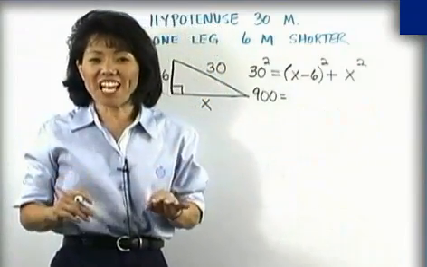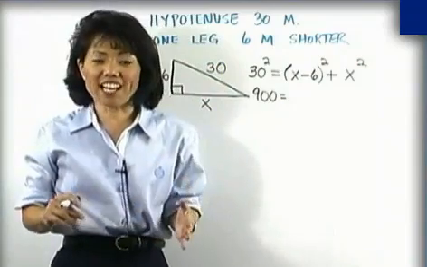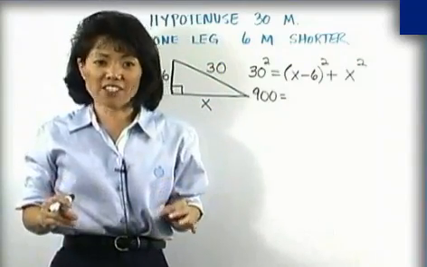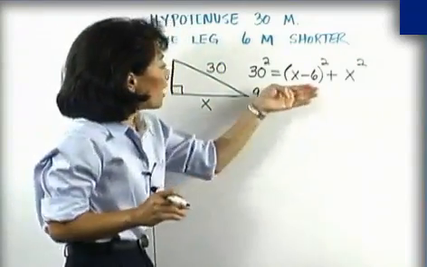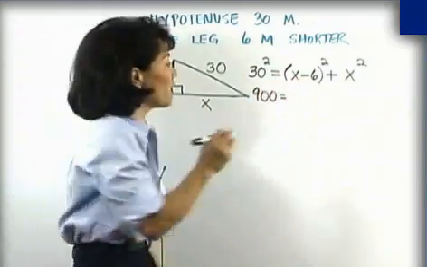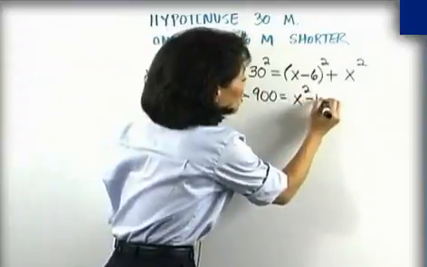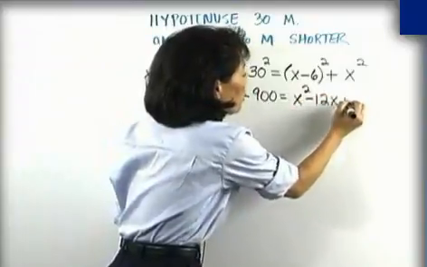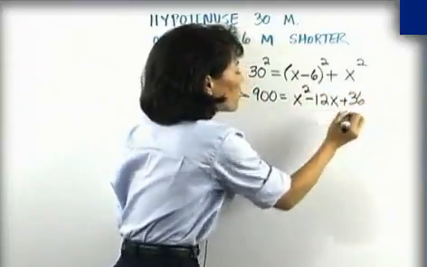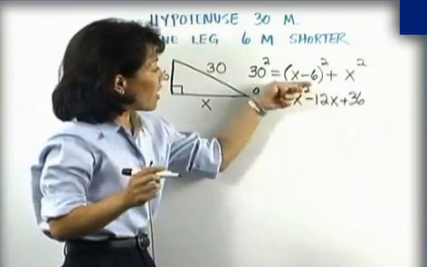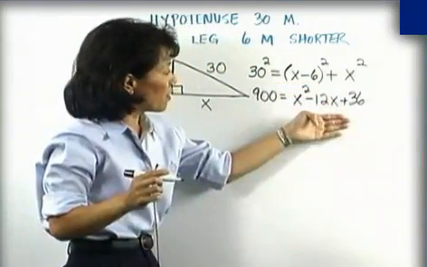That will be very helpful before you go on to your next class. So practice that if you haven't yet mastered it. So (x minus 6) times (x minus 6) is x squared minus 12x plus 36. This here is (x minus 6) quantity squared.